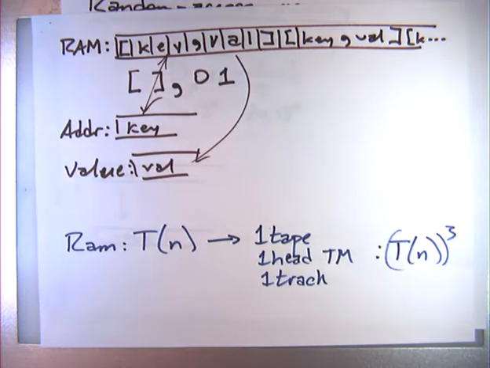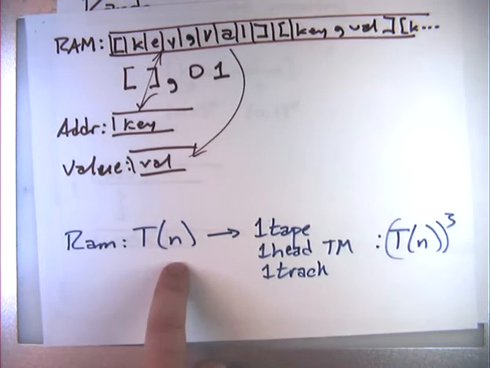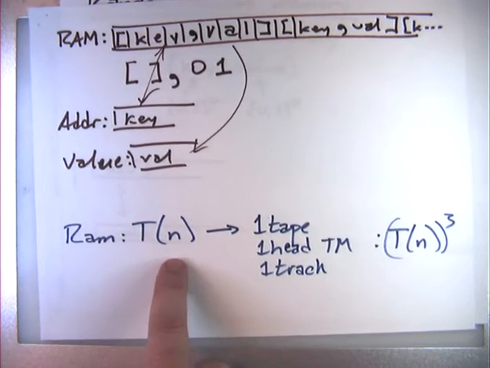Every time you shift, the amount of work you have to do depends on the amount of data that's on the tape. But you can write at most 1 symbol onto the tape in a single step of a normal algorithm. So the total amount of stuff on the tape at any given time is at most t of n. And so you have to do the accounting very carefully to get this to work out.